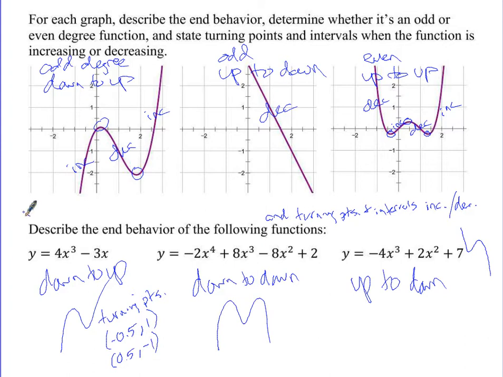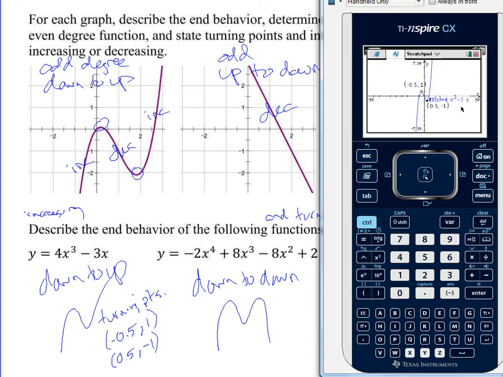So I'm going to do that. We are increasing. If you remember the graph, we're increasing from negative infinity all the way to that x coordinate, which is negative 0.5. Increasing from negative infinity to negative 0.5.